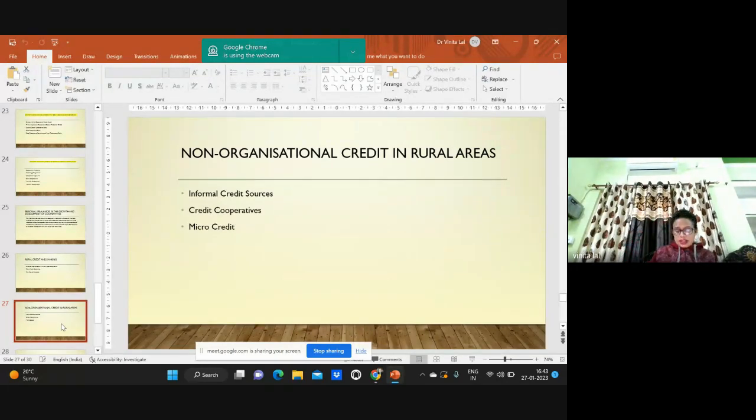Informal credit sources. The time between when the need for the loan is felt and actually obtaining it is shorter in the case of informal credit. It is found in rural areas of many developing nations, especially in India, and has very common features all over.